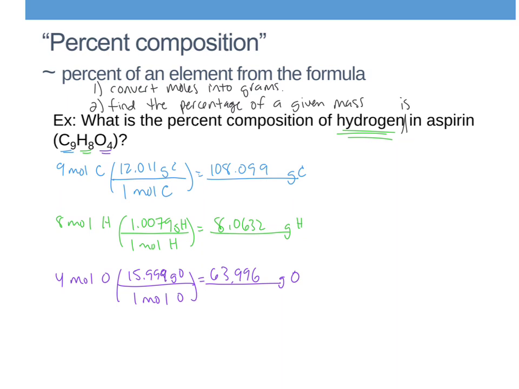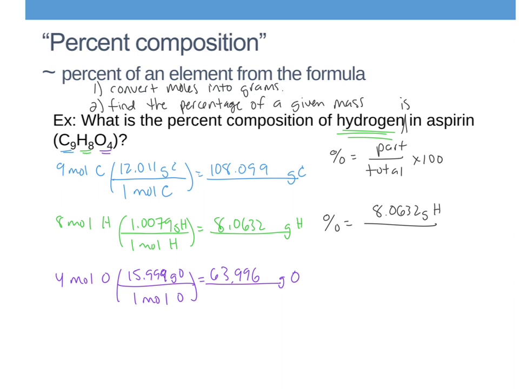And so remember that to find a percent of something, you just take the part, the thing that you're looking for, over the total, or over the whole, and you multiply it by 100. So I know the part here. The part for me is the 8.0632 grams of hydrogen.